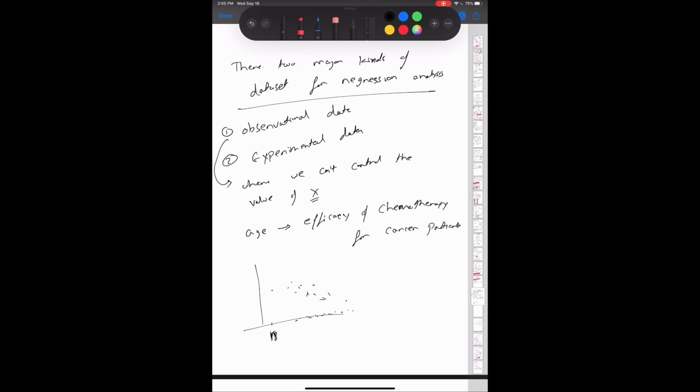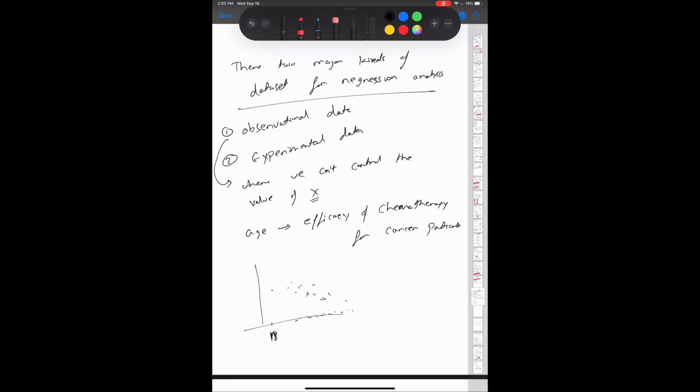Whenever regression analysis is done on observational data, we only do it for descriptive purposes, to understand the relationship, not to provide a causal relationship.